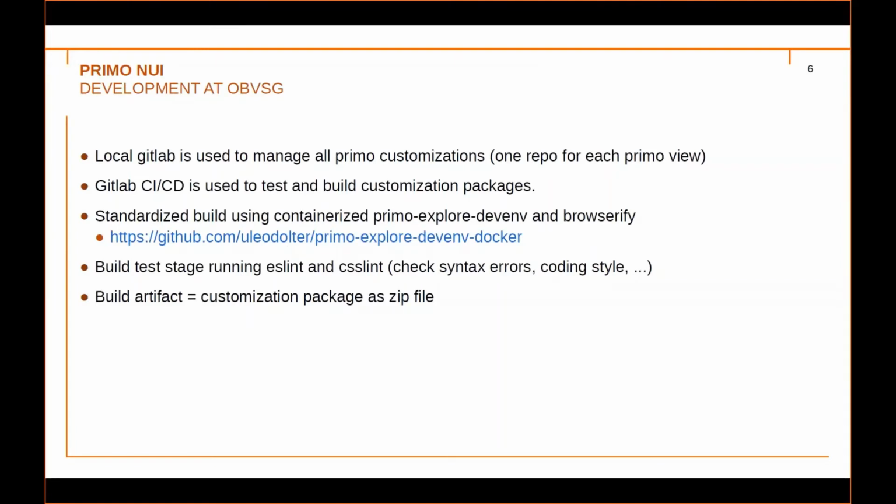If I push some changes in the code, the GitLab machine tests the code and tries to verify that I'm following the style guide which I defined. For example, indentation of code or syntax errors, and everything is tested. And in the end, there's a build, and the result of the build is the customization package as a zip file, which I can download from GitLab.